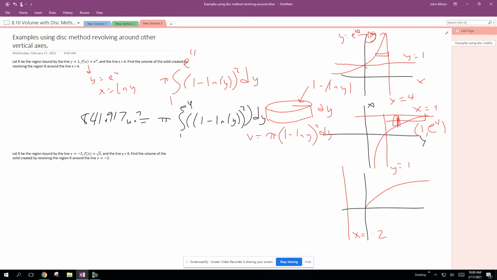We're going to have to include the x-axis on there. So it includes the x-axis and the line y equals 9. So that this is the region we're looking at.